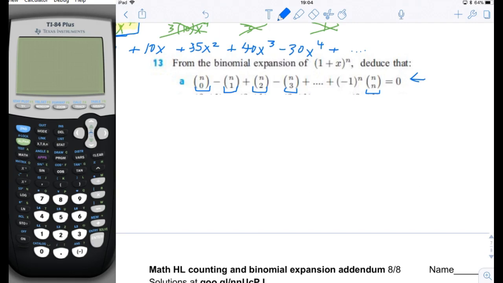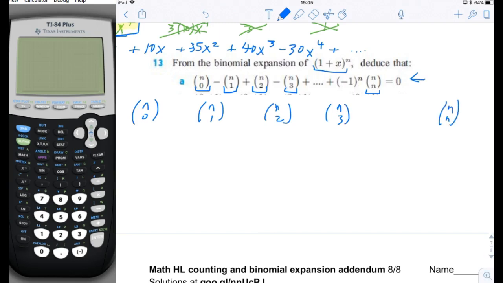So you think, okay, so basically what they want me to do is expand this using the binomial expansion. So the coefficients in that case are going to be n0, n1, n2, n3, and so on, all the way up to nn, right?